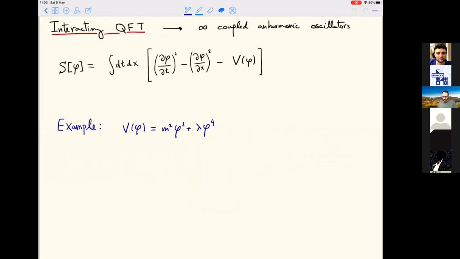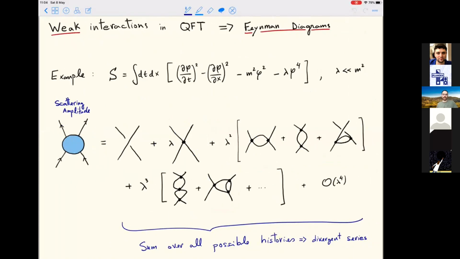But of course, the world is more interesting, so there are interactions. For example, if the potential for the field is not just quadratic, and it has here a lambda phi to the 4, then what you get is again an infinite set of oscillators, but now they are anharmonic. And now you also don't know how to solve it, like in quantum mechanics. So the natural thing to do is perturbation theory, and this is what Feynman diagrams are.